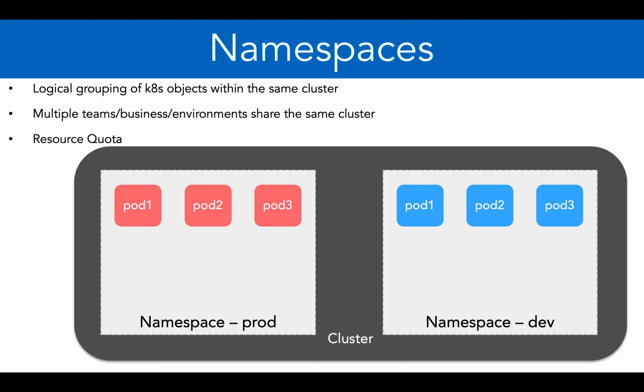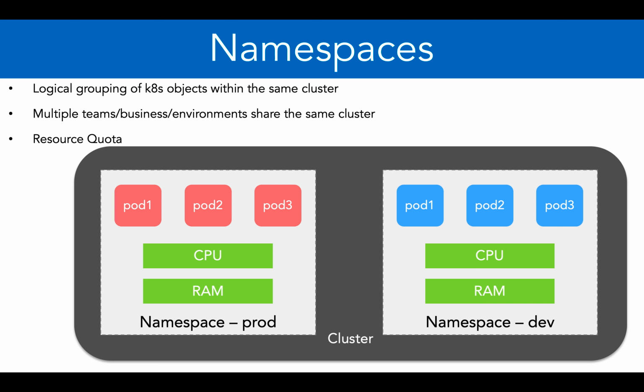So now if your application is pretty huge, of course, it'll give more CPU and RAM to prod namespace rather than dev namespace. So you can use resource quota, which is another object, to allocate a certain amount of CPU and a certain amount of RAM or storage or any other hardware resource to the namespace.